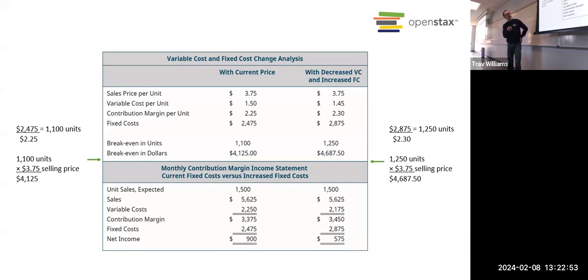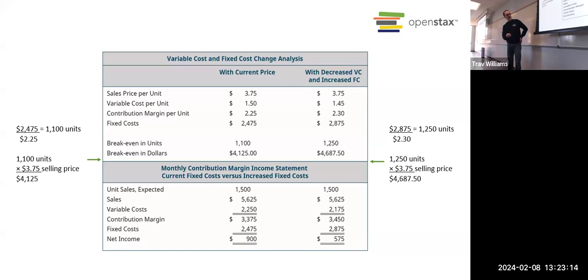So again, sales price is staying the same, variable cost is going down, which makes our contribution margin per unit go up. Fixed costs also went up. So now in this scenario, we end up needing an extra 150 units to break even.